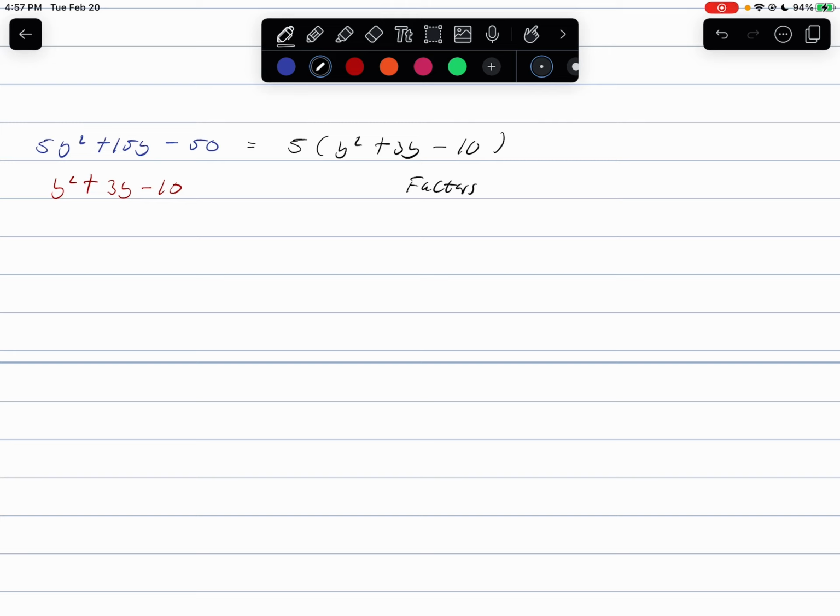Whenever you're in doubt, look at factors of negative 10. So we're going to have plus or minus 1, plus or minus 2, plus or minus 5, and plus or minus 10. Okay, so we have 1 and 10, both positive and negative. They multiply together to give us negative 10, but we're not going to be able to add to get positive 3. So really we're left with 2 and 5.